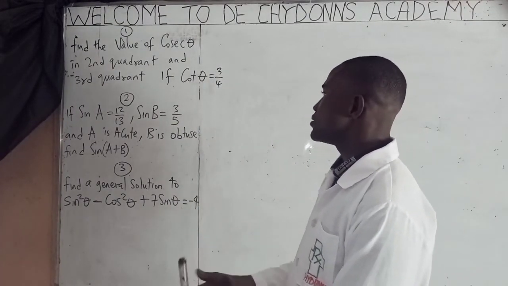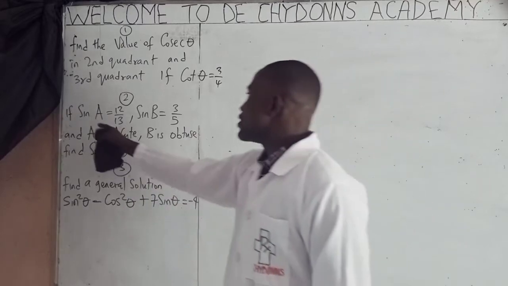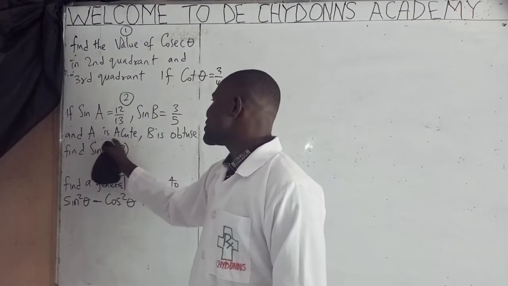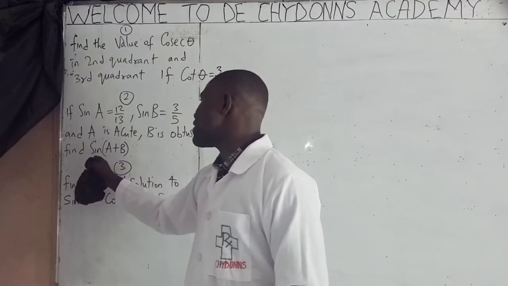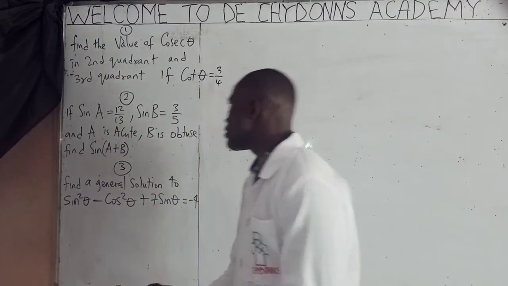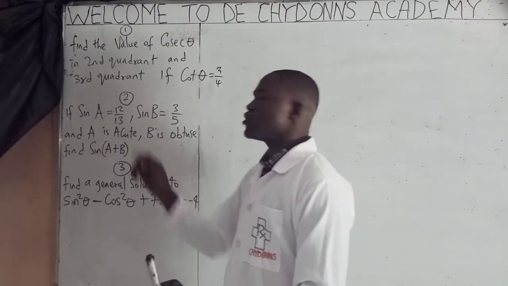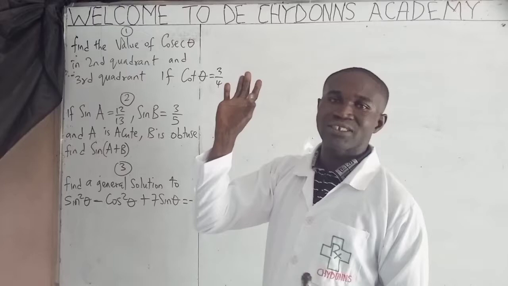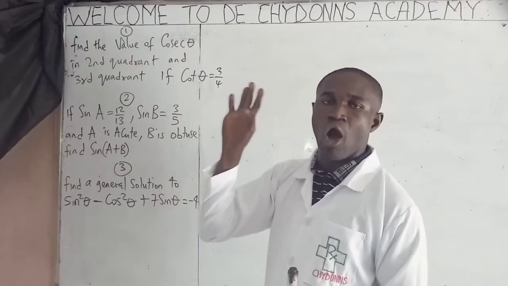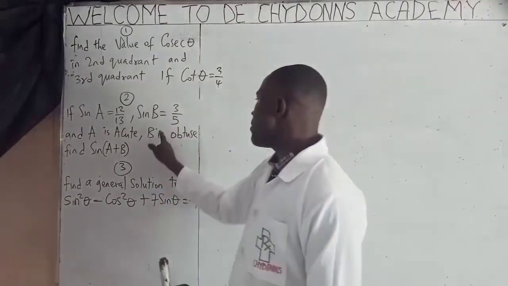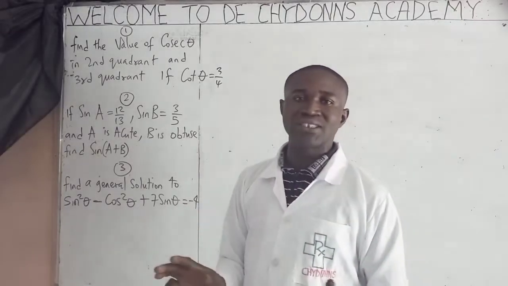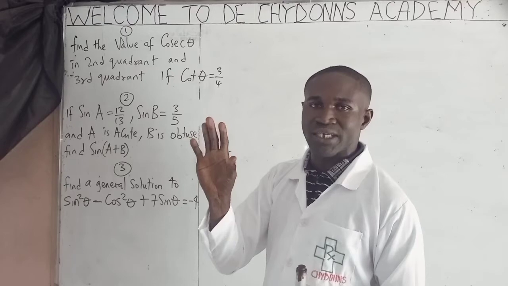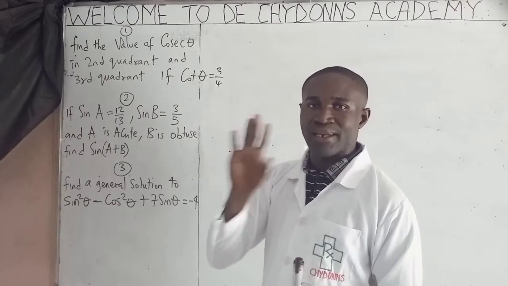They said if sine A equals this and sine B equals this, and A is acute, B is obtuse, find sine of A plus B. What do we mean by A is acute? It simply means located in the first quadrant, and in the first quadrant, sine, cos, and tan are all positive. What do we mean by B is obtuse? It means that it is located in the second quadrant, where only sine is positive, cos is negative, tan is negative.